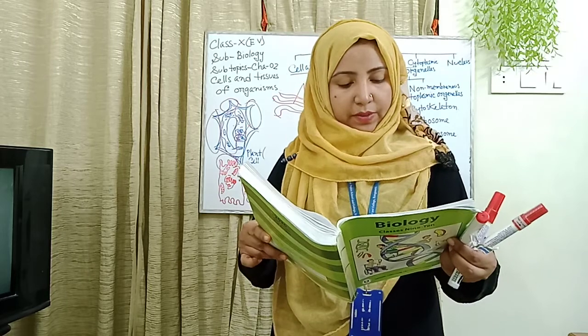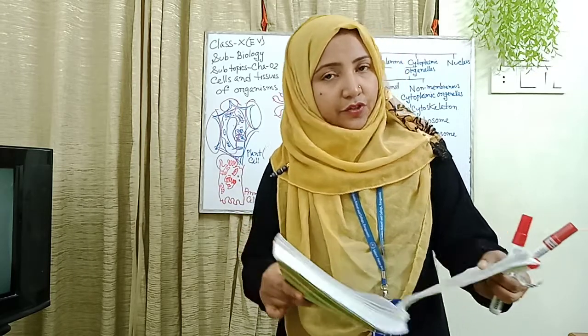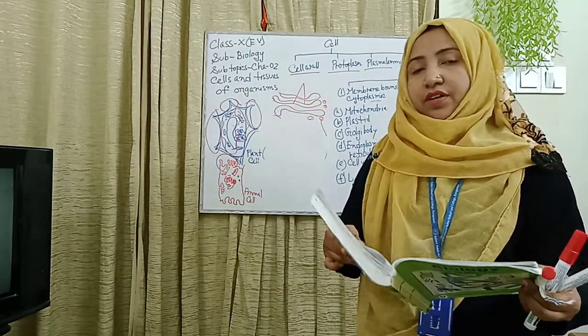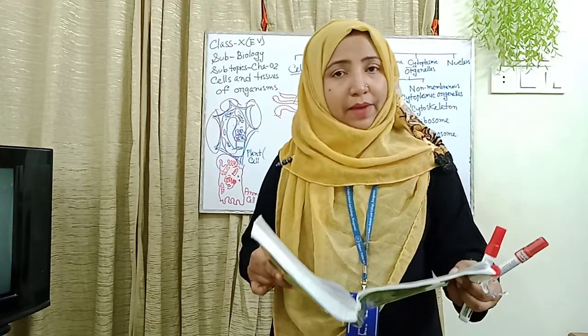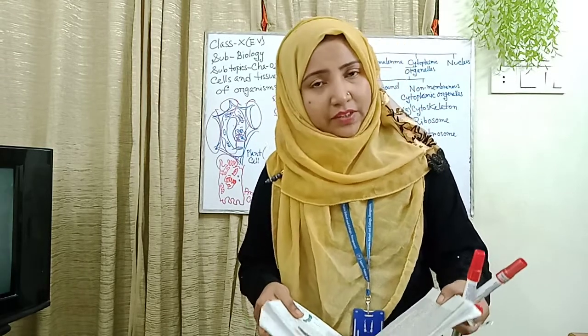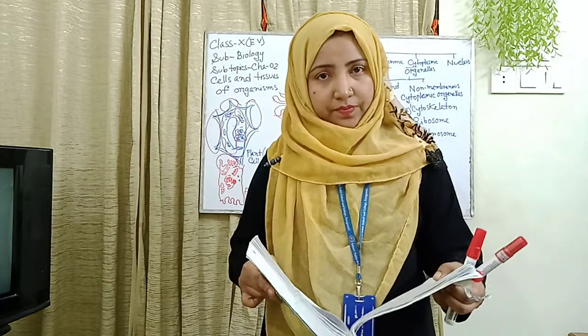Some of the proteins are used to make the fibers. There are three types of the cytoskeleton. First is the microtubules, another is the microfilaments, another is the intermediate filaments. These are the three types of cytoskeleton.